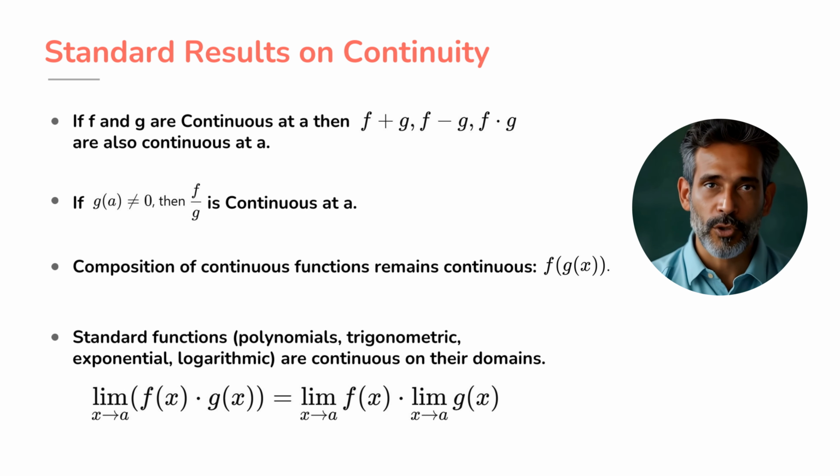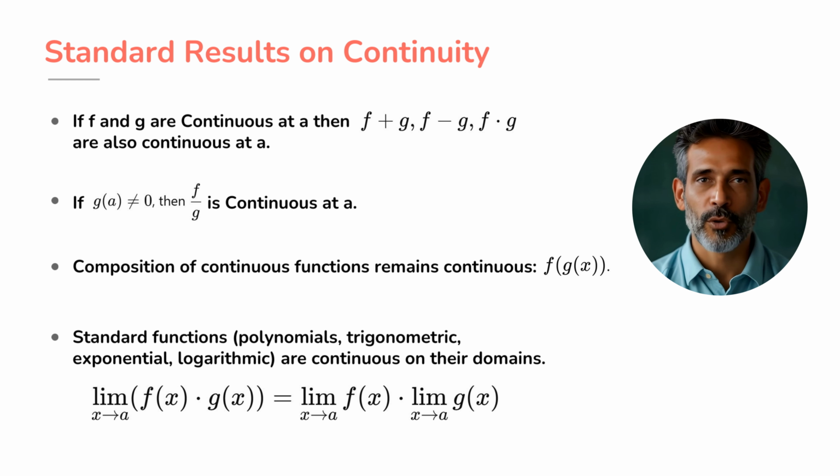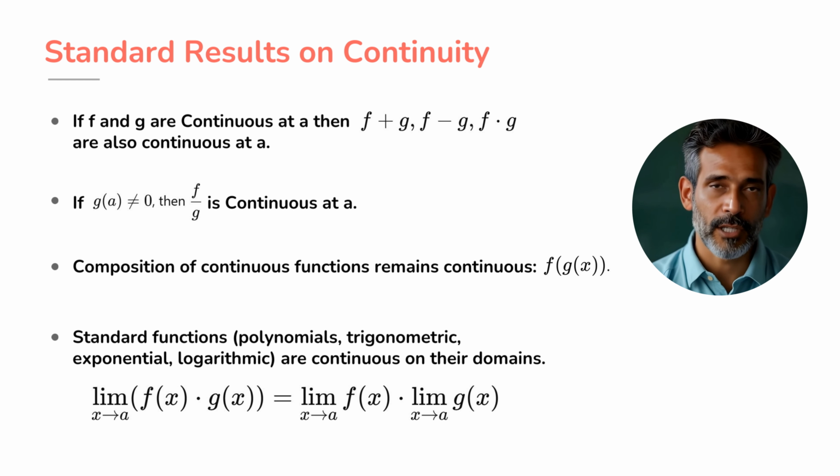Here comes the good news. Continuity behaves nicely under algebra. If f and g are continuous at a point a, then their sum, their difference, and their product are also continuous at a. If g of a is not equal to 0, then f divided by g is continuous at a. And the composition rule is powerful. If g is continuous at a and f is continuous at g of a, then f of g of x is continuous at a.